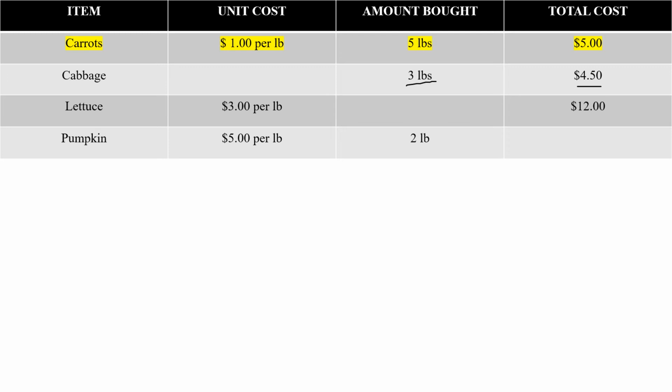And in this case again, all we need to do is divide our 450 by 3 pounds. And that will give us the unit cost. So the unit cost here would be $1.50 per pound. How did I get that $1.50?